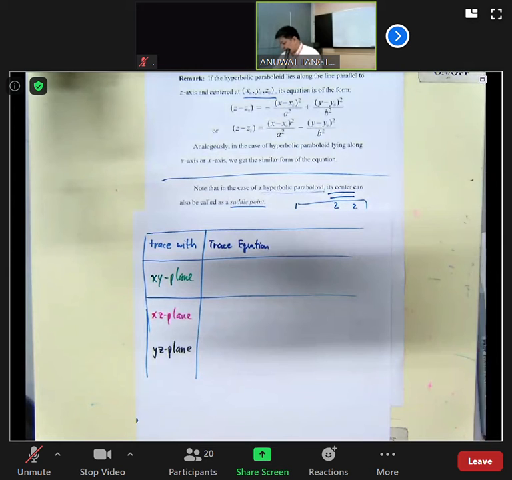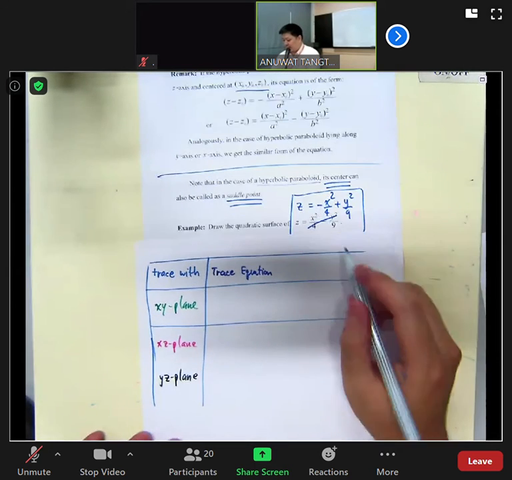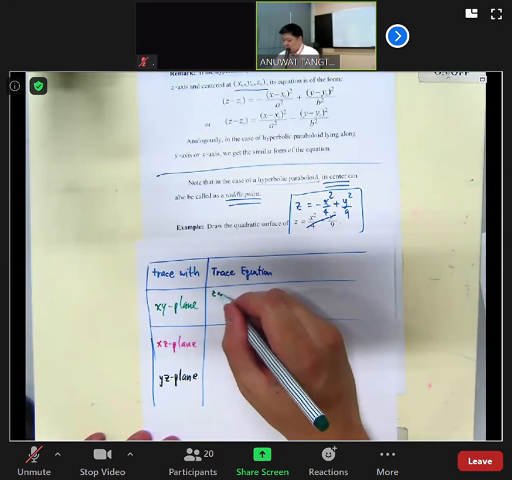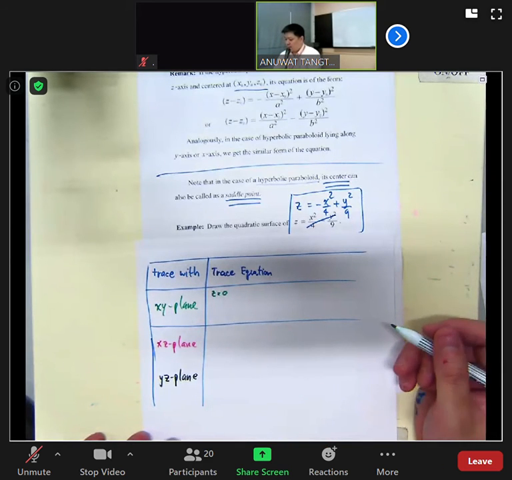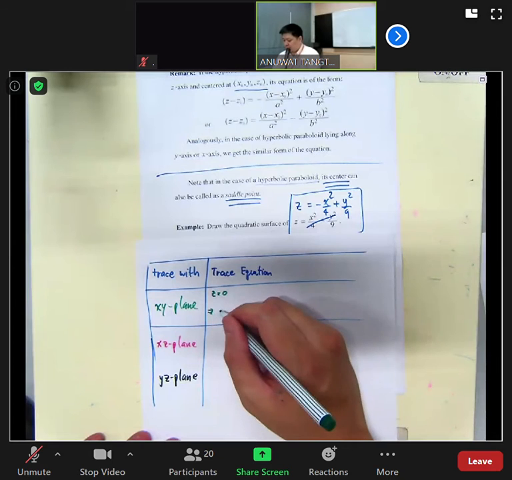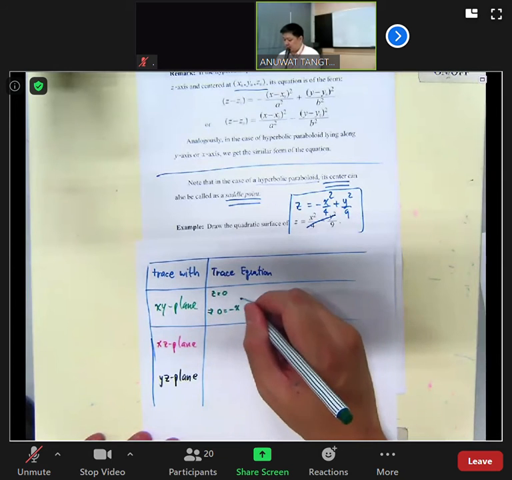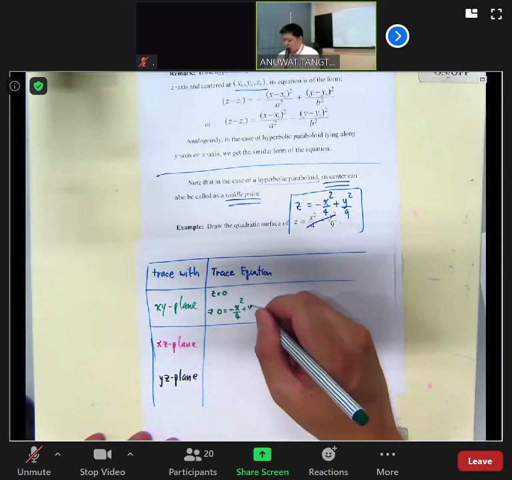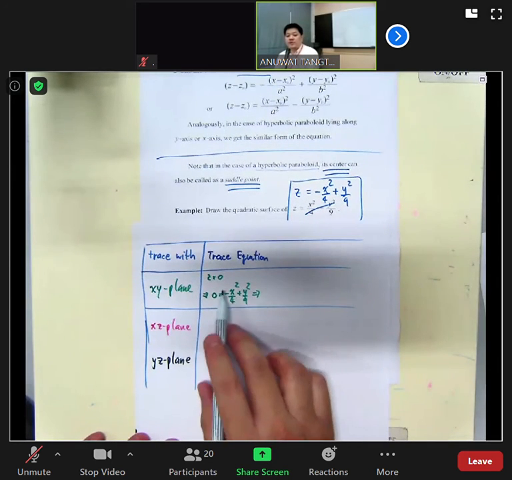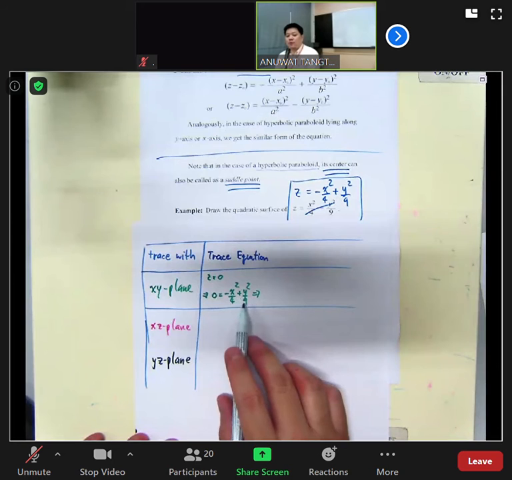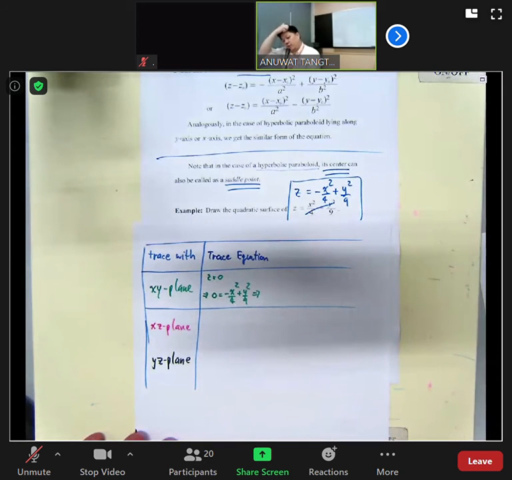So for the trace equation on the xy plane, we let z be 0. Right? So that would give 0 equal to minus x squared over 4 plus y squared over 9. If we solve for this, we're going to have y squared over 9 equal to x squared over 4.